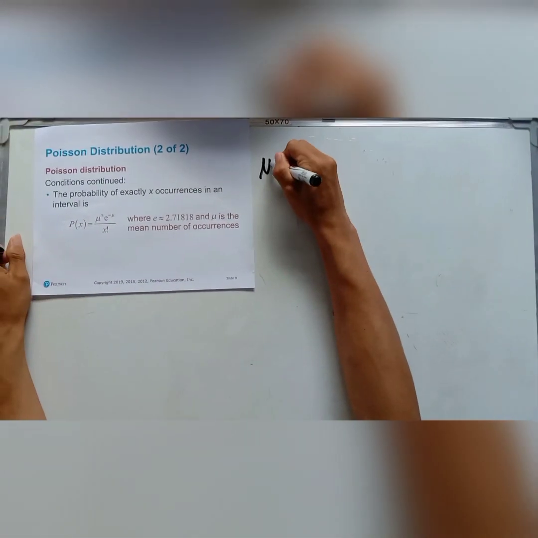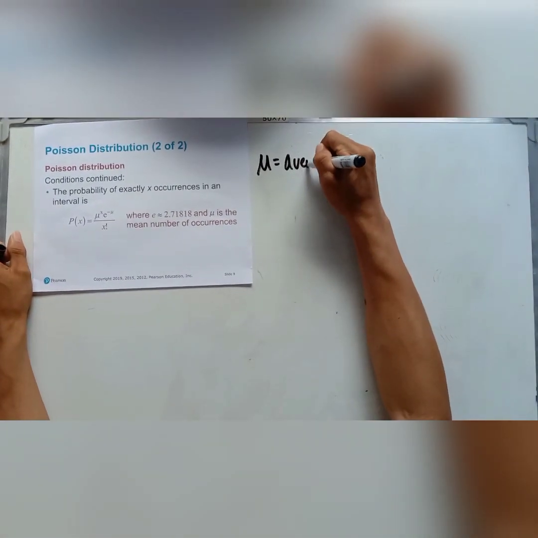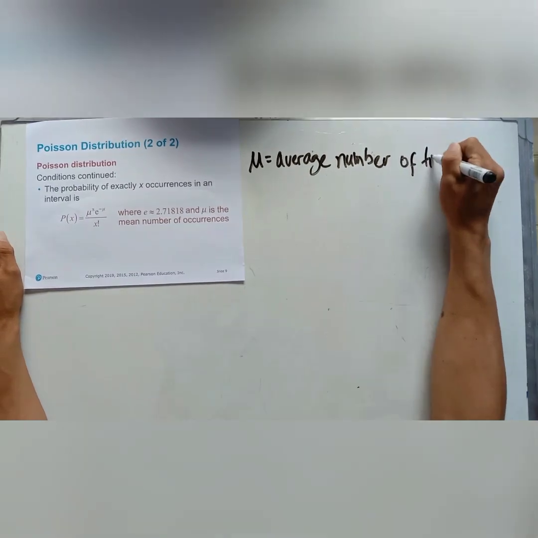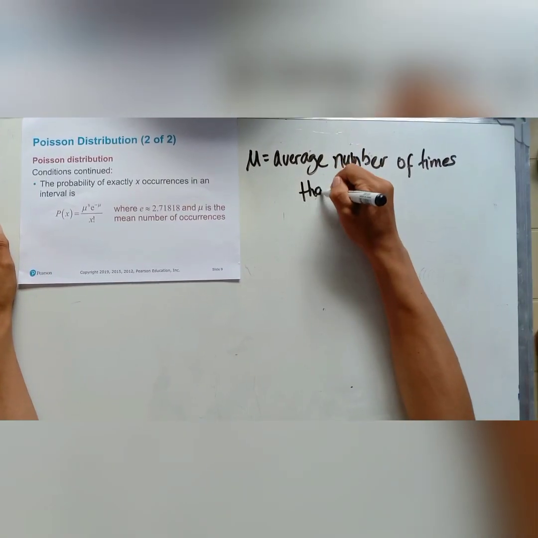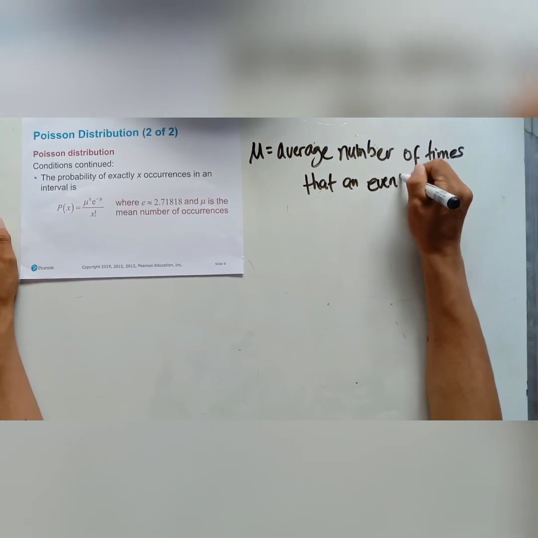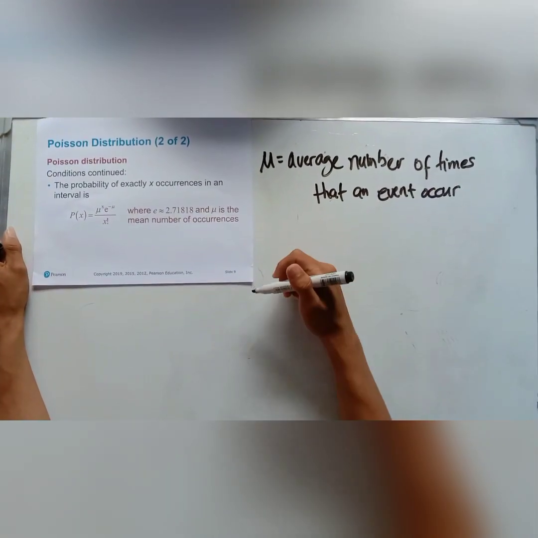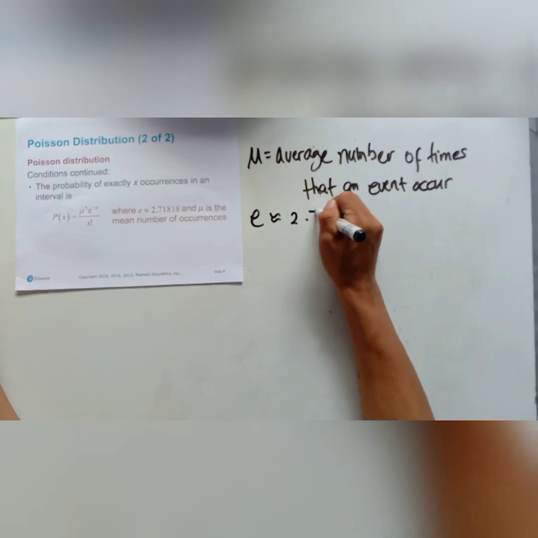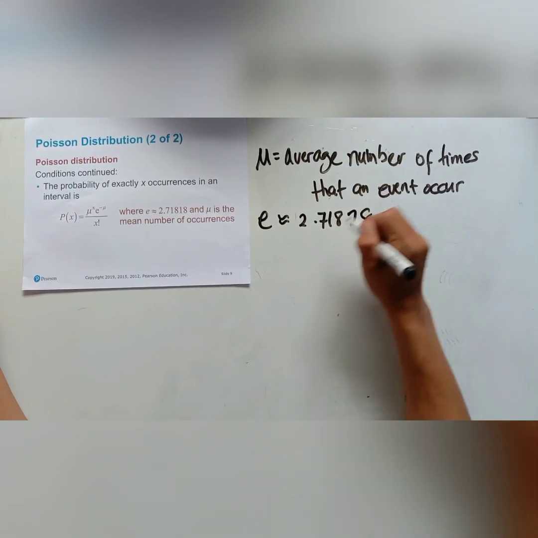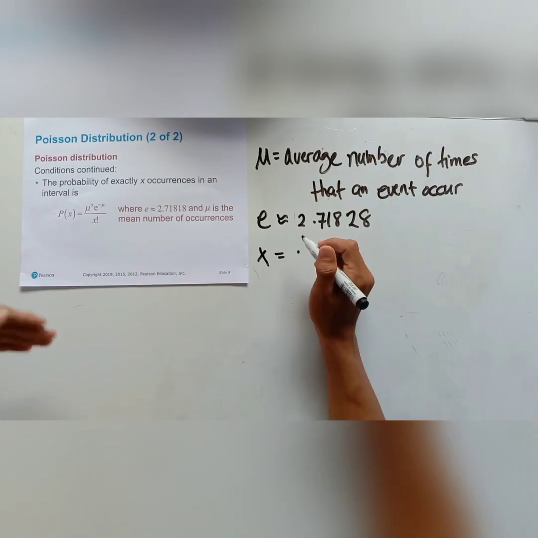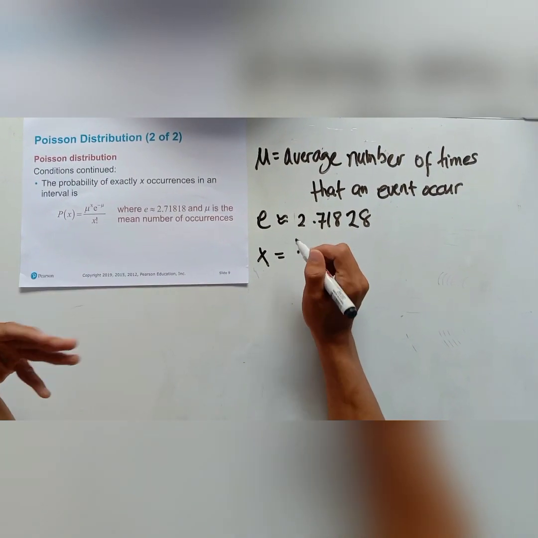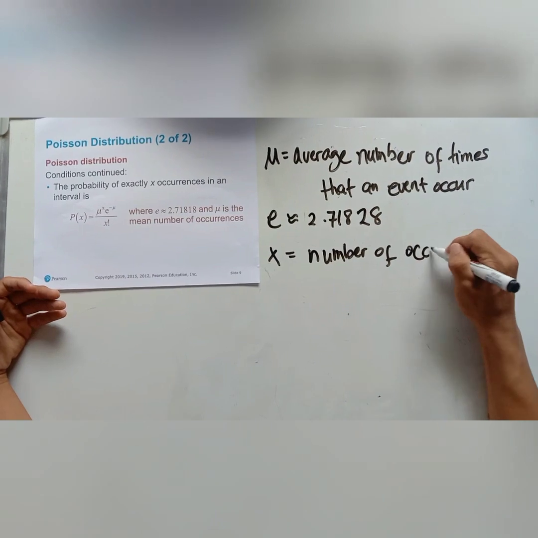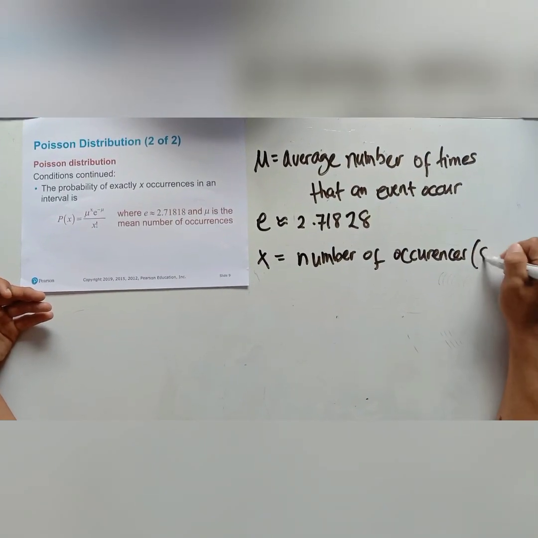Mu is the average number of times that an event occurs in a certain period of time or space. e is estimated as 2.71828, and X here is the variable that we are finding the probability for, so it is the number of occurrences for success.